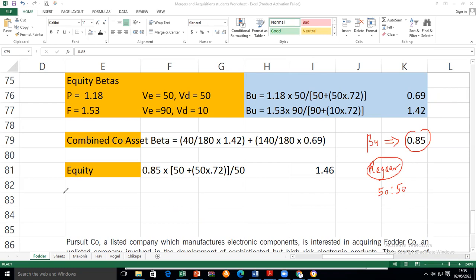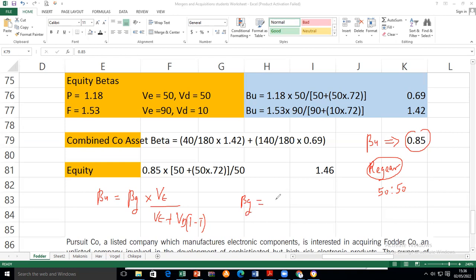So how do we re-gear? The same formula, remember? The formula that we used was the asset beta multiplied by the value of equity over the value of equity plus the value of debt times 1 minus T. Now this time around, you want the equity beta.